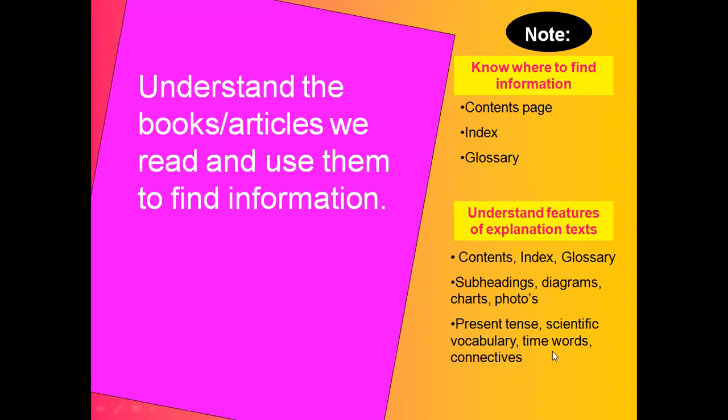And also you need to write time order words to put your explanation in the correct sequence and to make it more understandable. Connectives, like because, when, so, and, but, connect your sentences.